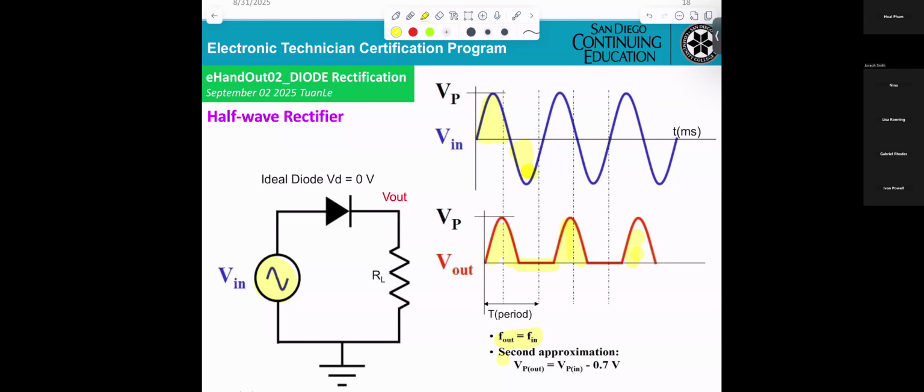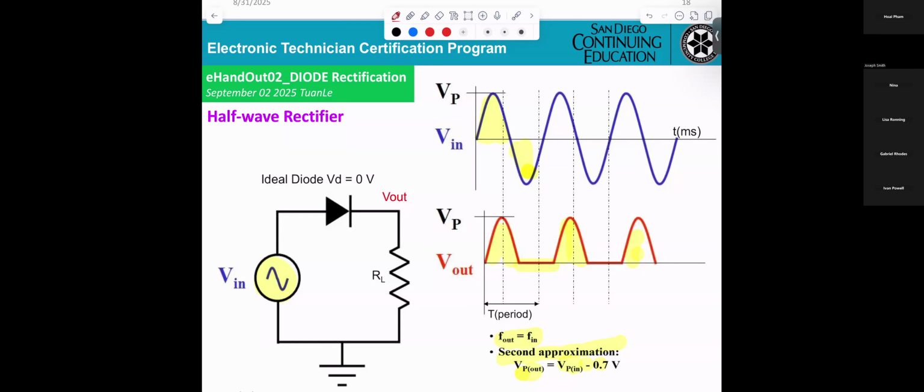And in the second approximation, VP out equals VP in minus 0.7. Why do we have to minus 0.7? The thing is, when the positive is applied, the diode here will be on.